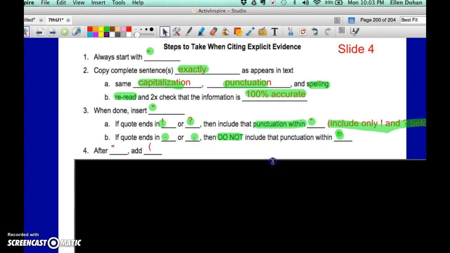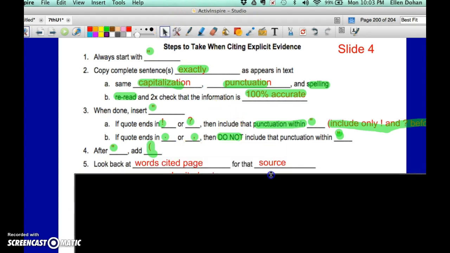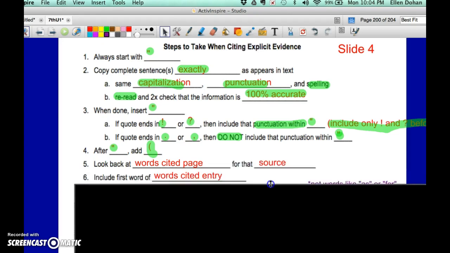Okay, so now moving on to step 4. After you're done with the information, or like the actual information in the quote, then we add the quotation marks, and we add the first open parentheses. Here's where, again, we're going to have our shout out to the author. In order to determine what goes in the parentheses, we need to look back at our works cited page, and identify, okay, which source did this quote or this evidence come from?